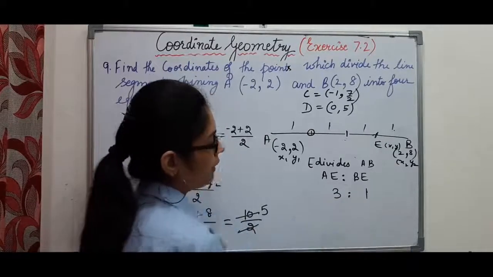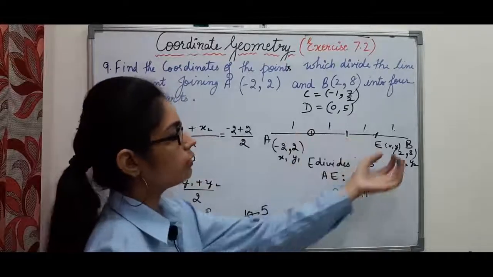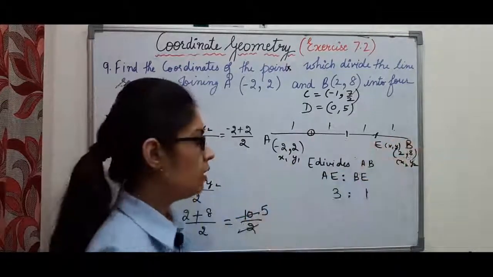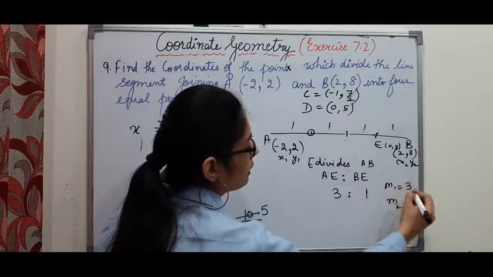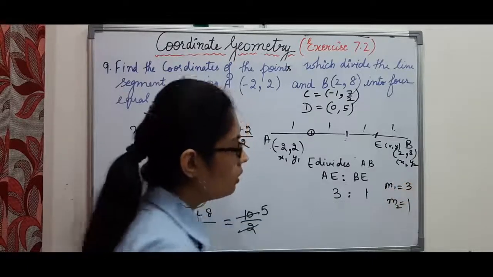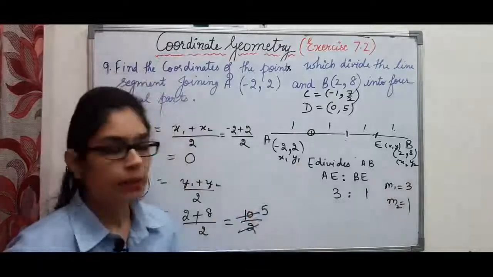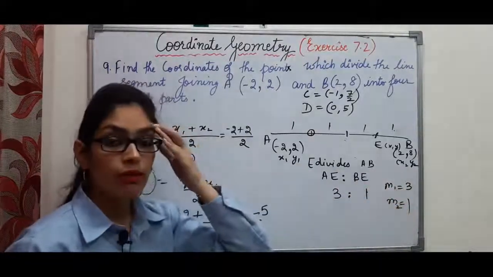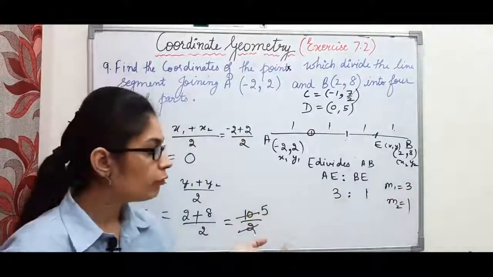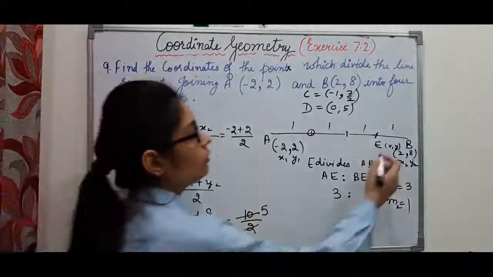I was just explaining that this is 3/4 of this line, this is 1/4 of this line. So we have got the values of m1 and m2. m1 is 3, m2 is 1. So we have the values of x1, x2, y1, y2 and m1, m2. Now we can apply the section formula and find the coordinates of E.